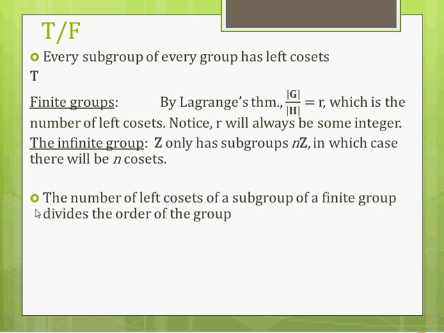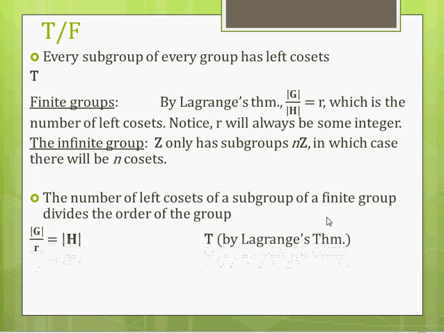Number 2. The number of left cosets of a subgroup of a finite group divides the order of the whole group. Well, what do you think? I know it's probably too many words right now, but let's break this down. We're talking about a finite group. So what can we use? I hope you said Lagrange's theorem, or you were thinking it.